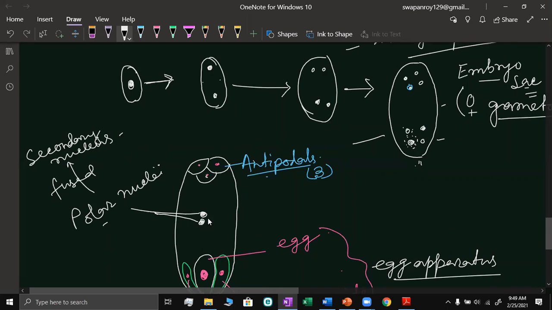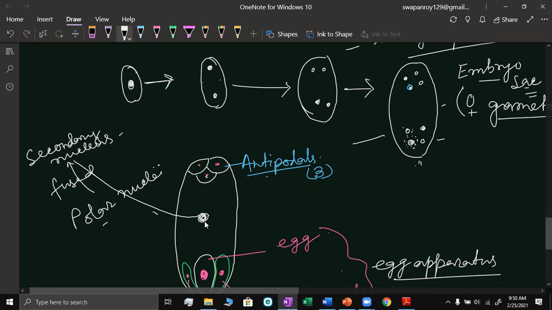Okay, I will draw it here only. So this one is now the secondary nucleus. Within the embryo sac, there are 6 cells and 1 nucleus.